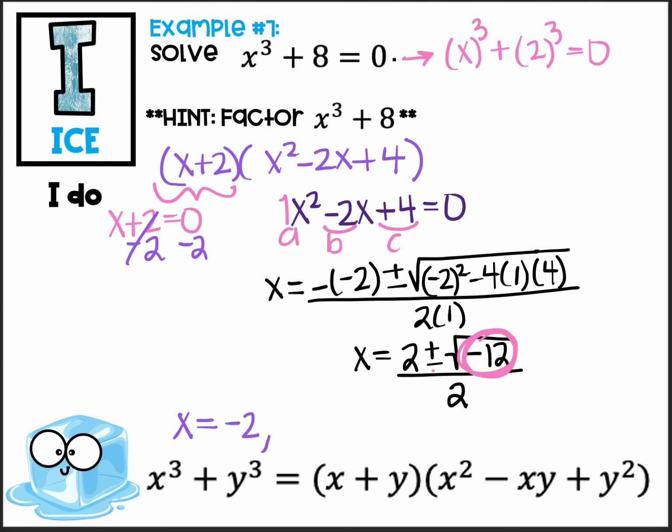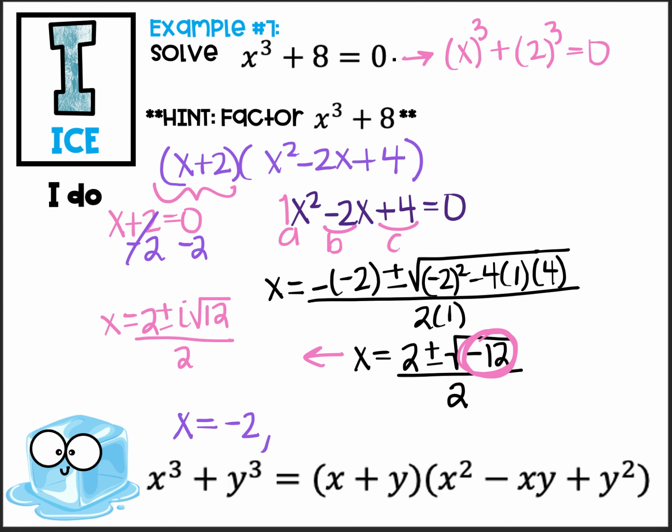I'm going to end up with non-real complex solutions, and I need to write my answer with the i. Because of this, I will rewrite my solution for x squared minus 2x plus 4 as x equals 2 plus or minus i square root of 12 divided by 2.